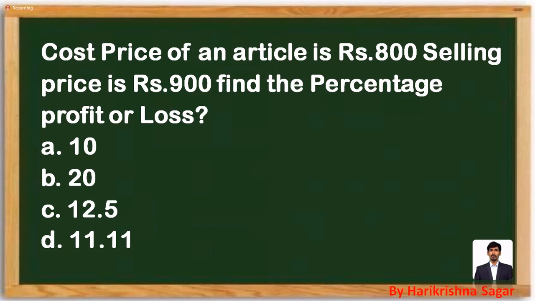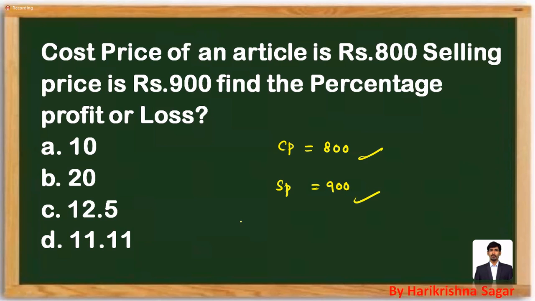You can observe it is a very simple question. They have given the option choices in the form of percentages. 800 is the cost price of the article, and the selling price of the article is going to be 900. What is the percentage profit or loss?